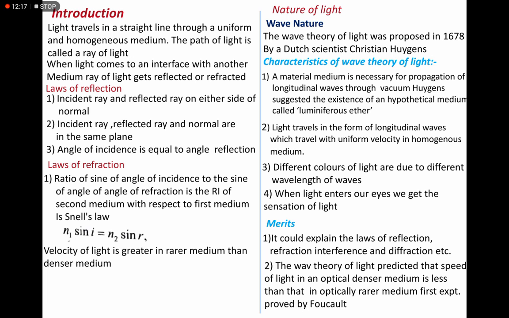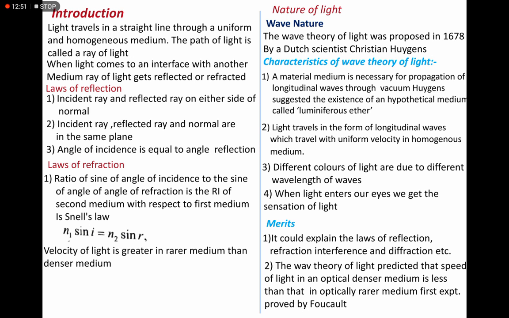Actually, the speed of light in the rarer medium is greater than in the denser medium. Newton, in his theory, predicted that the velocity of light in the denser medium is more than the velocity of light in the rarer medium. This was rectified in the wave theory of light.